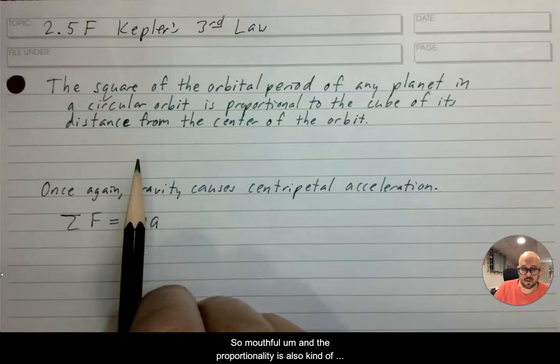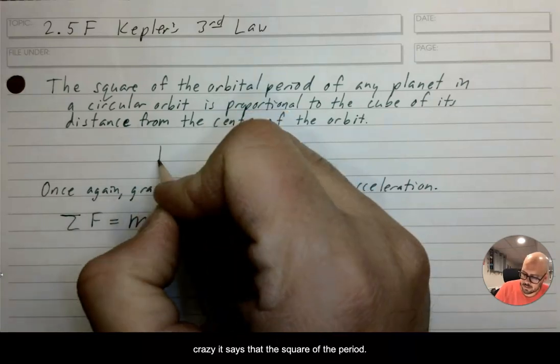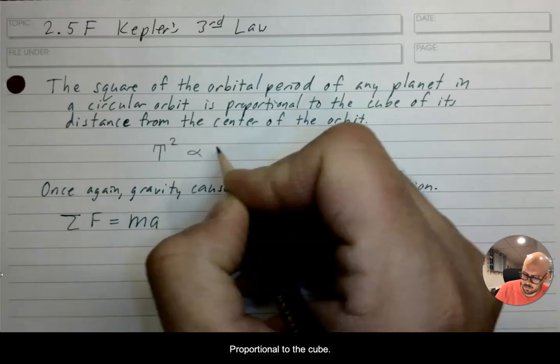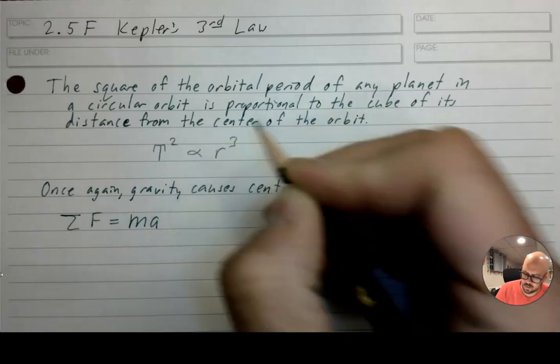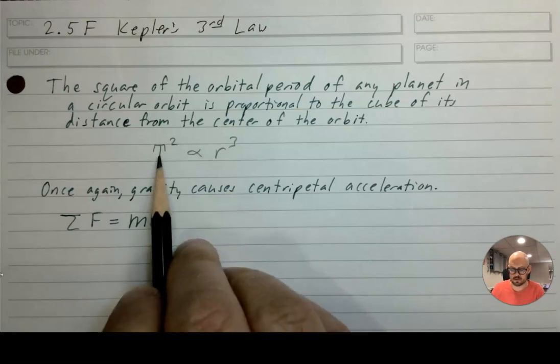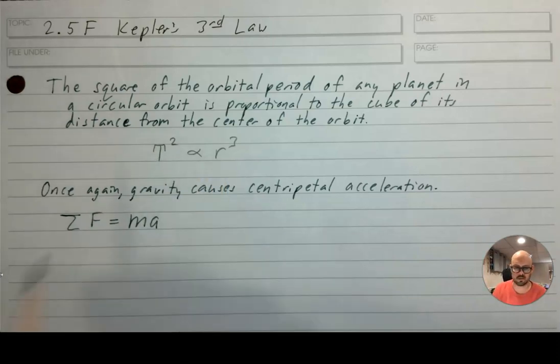It's a mouthful, and the proportionality is also kind of crazy. It says that the square of the period is proportional to the cube of the radius. Remember that period is tau. It's the amount of time it takes for one trip around. And radius is the center-to-center distance between the center of the orbit and the planet itself.